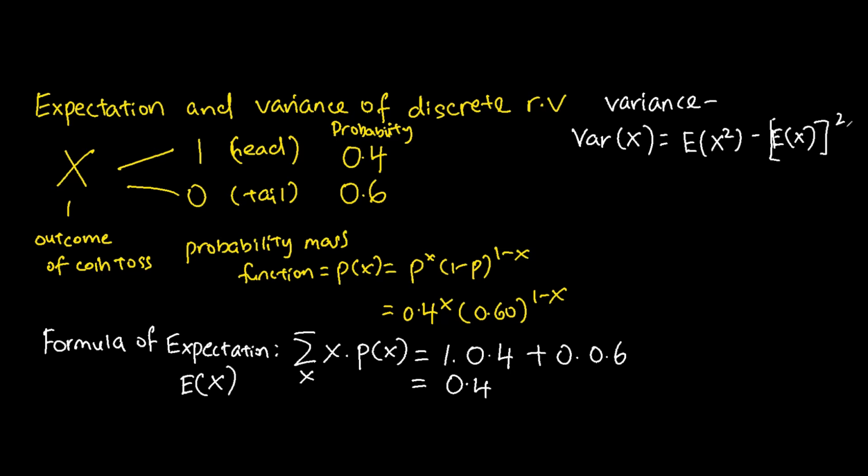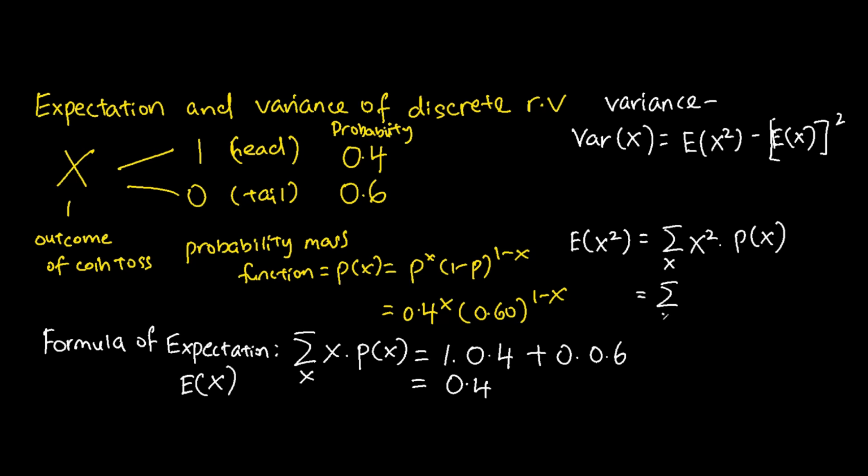Applying this formula, to find the expectation of x squared is basically equivalent to the sum of x squared times the probability mass function, which we denote as px.